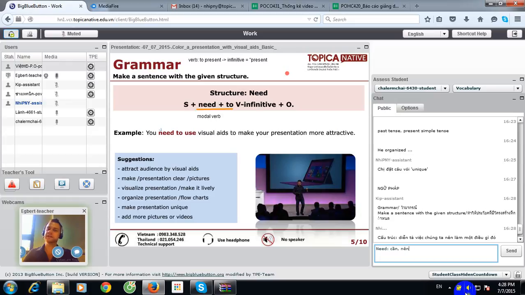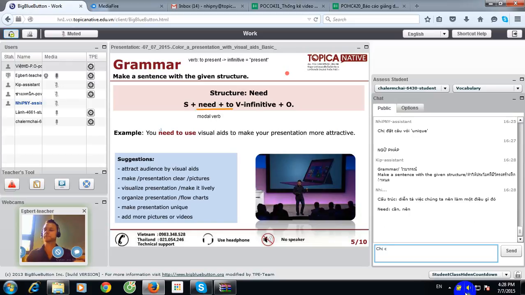So simply said, present. That's it. Nothing else. So as an example, you need to use visual aids to make your presentation more attractive. So you can see in here, need to, and then plus the verb in the infinitive. So I would like you to make a sentence using this structure, and feel free to use one of the suggestions or make your own sentence.